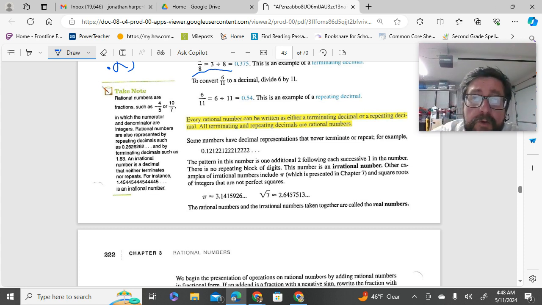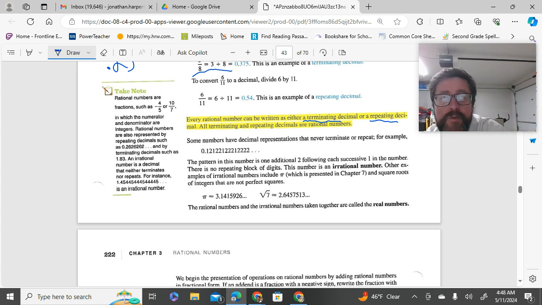So, every rational number can be written as either a terminating decimal or a repeating decimal. A terminating decimal would be 6.25, or 25 hundredths.